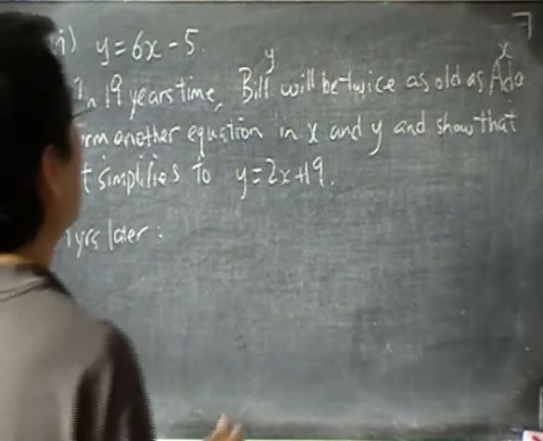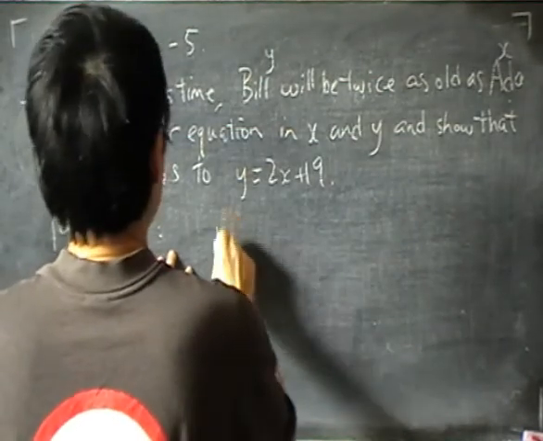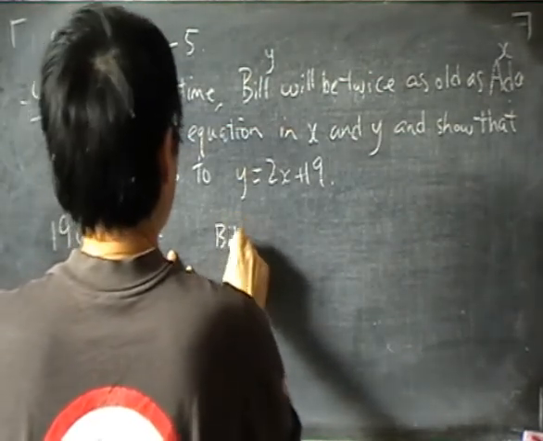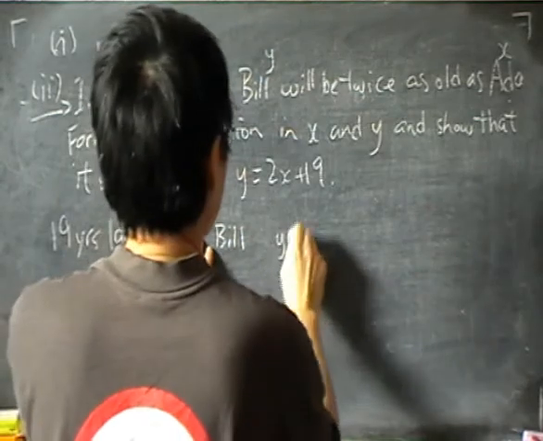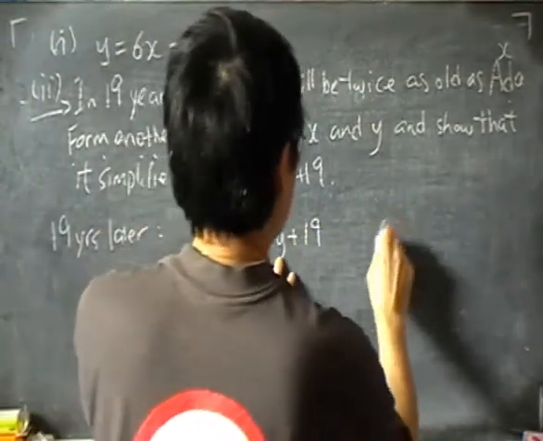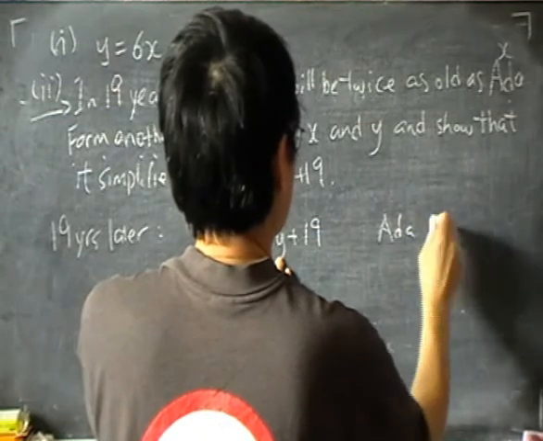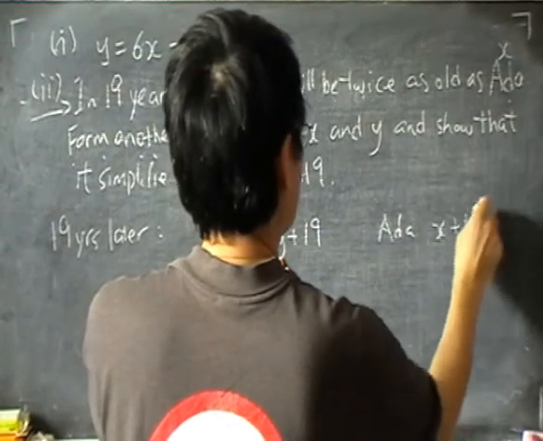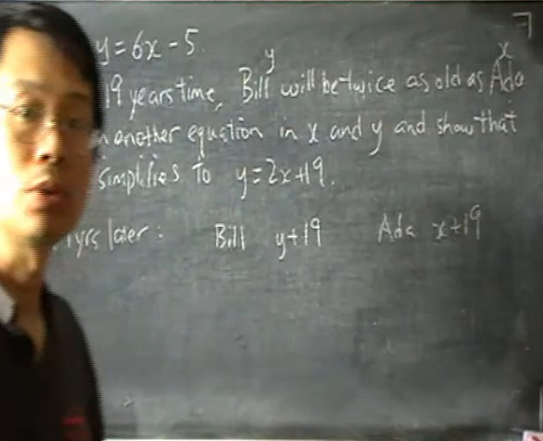So 19 years later, Bill will be y plus 19 years old, and Ada would be x plus 19 years old.